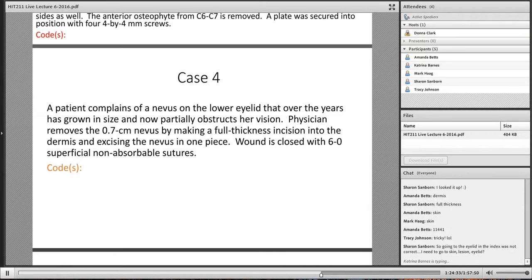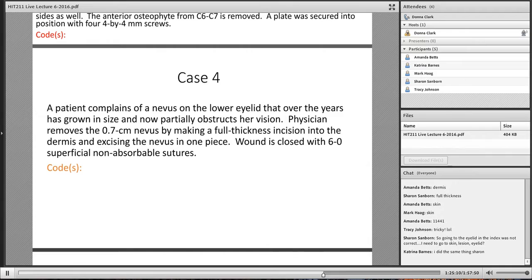Now, if the procedure involves the lid margin, which is the area where your eyelashes are, the little wet part where your lashes are, or the tarsus, which is connective tissue that helps to form and support the eyelids, if it goes into those deeper levels, then we will code the removal of the nevus from the eye codes.